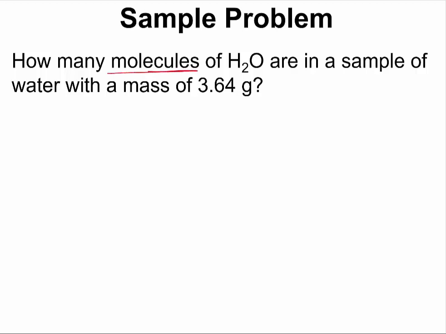We want to find how many molecules, which means we are going to need Avogadro's number, because if you want to count molecules, you should expect to get a very big number. But what do we know? We only know the mass. Do we have a direct relationship between number of molecules and mass?